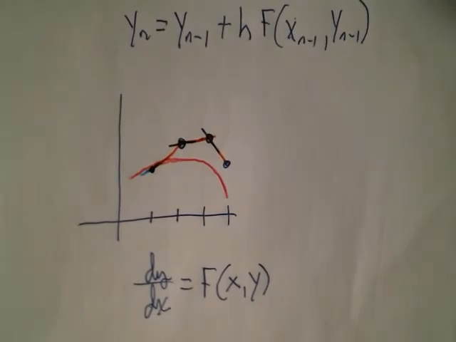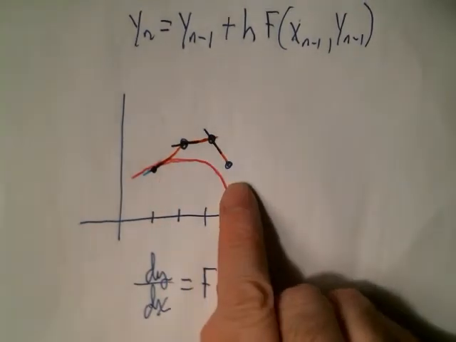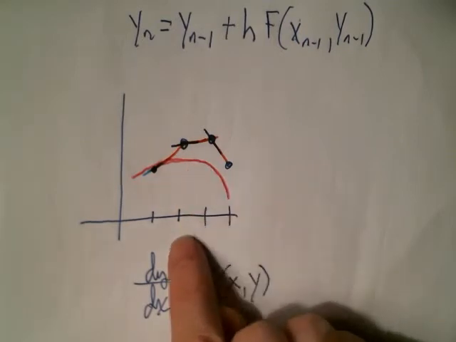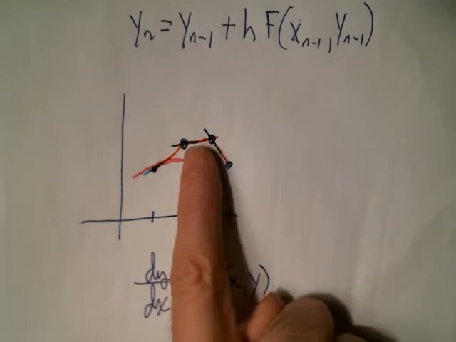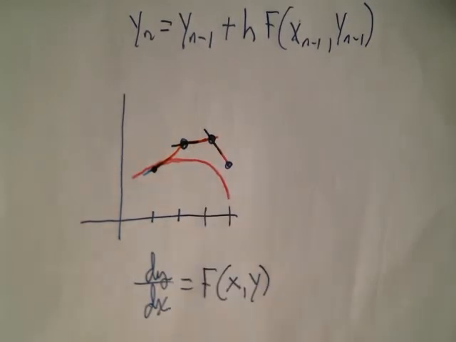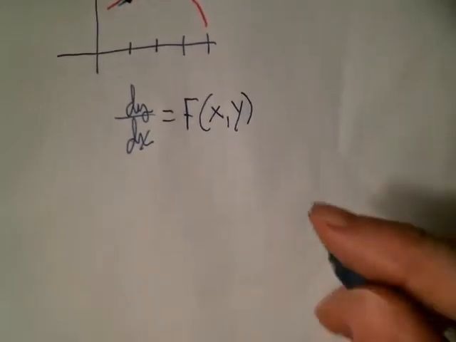So one takeaway from this little picture is the farther away you get from your initial value, the worse your approximation will probably be. And on top of that, if you use smaller increments, the better this approximation will be as well. Okay? So that's Euler's method in a nutshell.